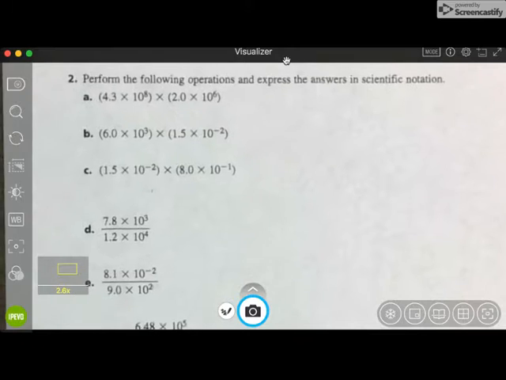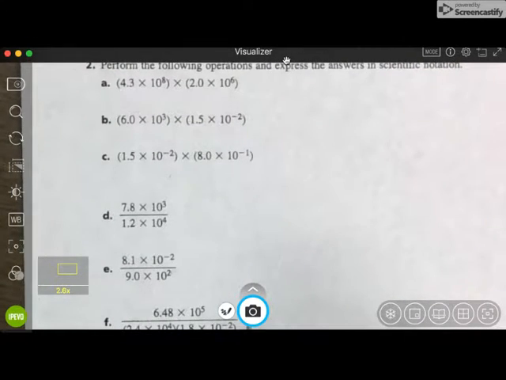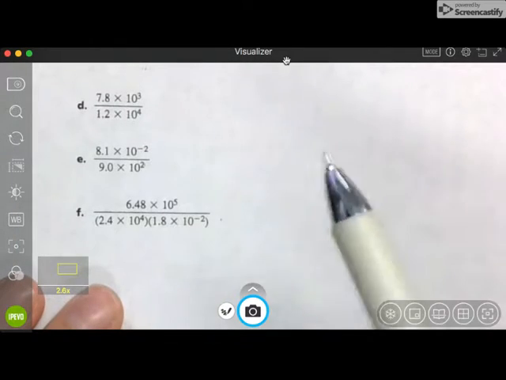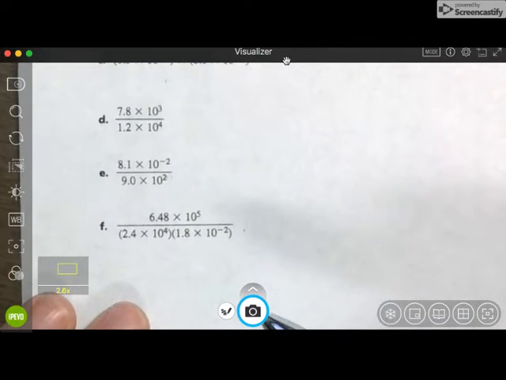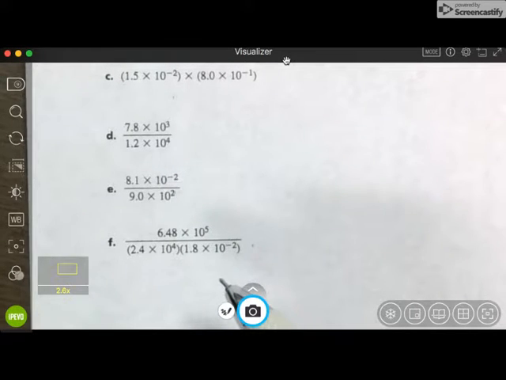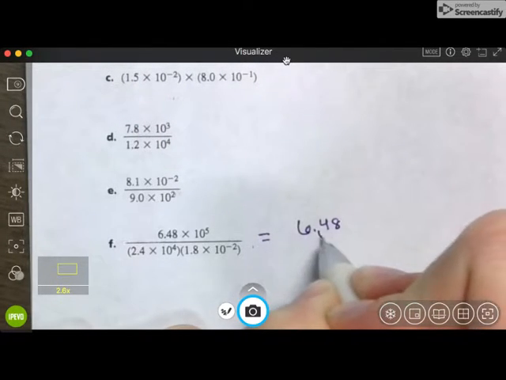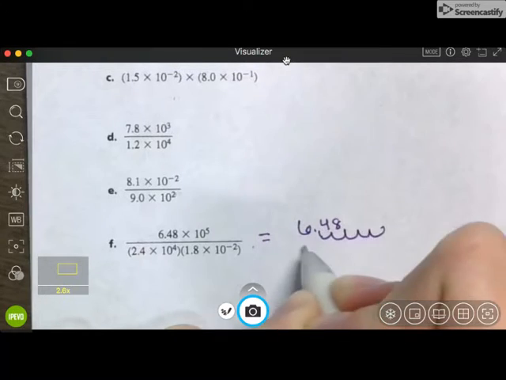Now on the bottom, remember that this fraction just means divide. So figure out what the top is and then divide by the bottom. I think you are good with all of them, but we can do F because I understand that that one may be a little bit more tricky with the 2 separate parts. So we have 6.48. I move it 1, 2, 3, 4, and 5.